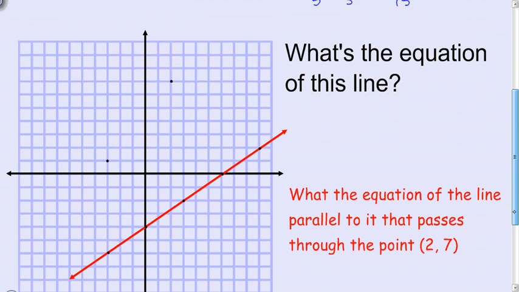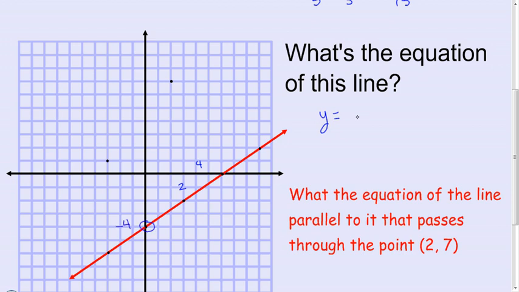So let's start with what's the equation of this line. You should be able to do this pretty well by now. We know we write y equals. We have to calculate the slope, which is up 2 and over 4, and we have to know where it crosses the y-axis, which is at -4.